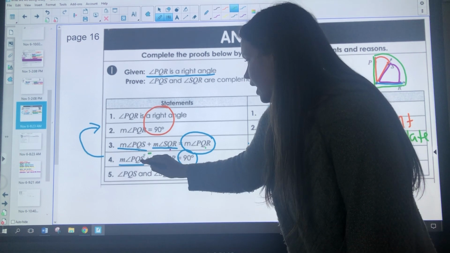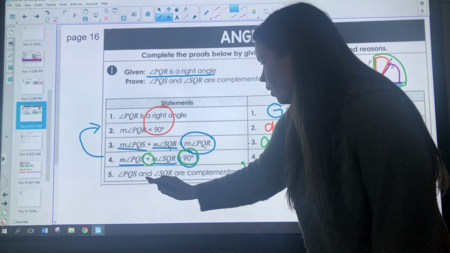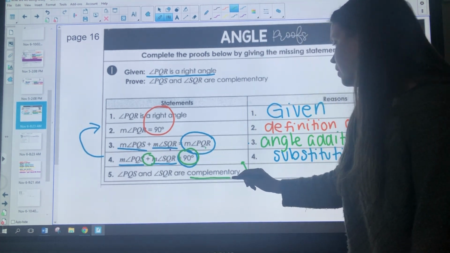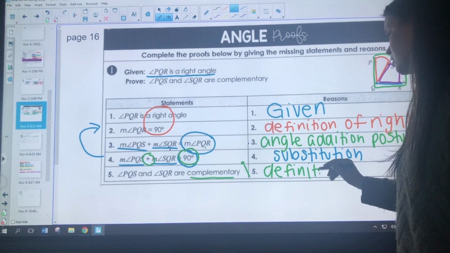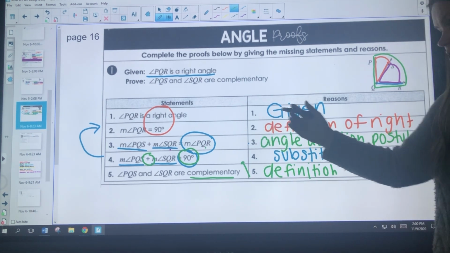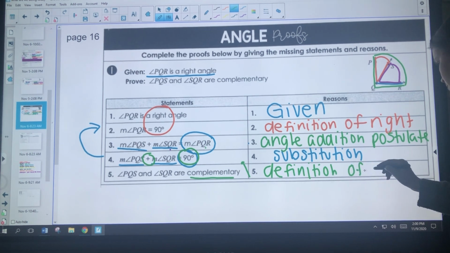If 2 angles add up to 90, why are we allowed to say that they are complementary? Because the definition of complementary is 2 angles that add up to 90. Okay, that one's not too bad.